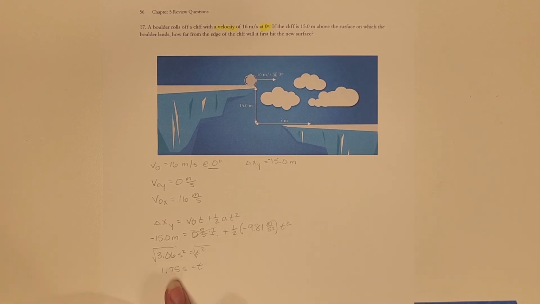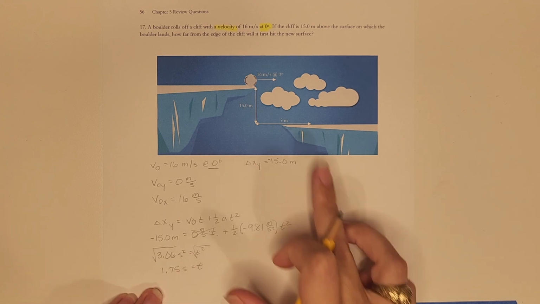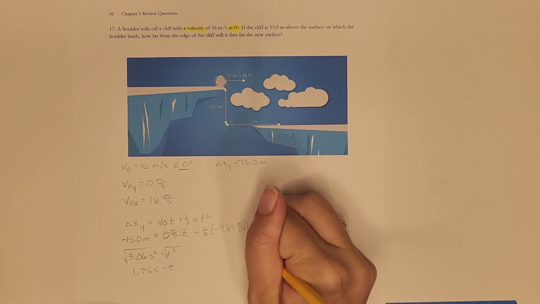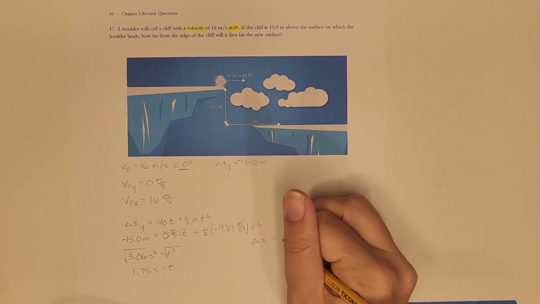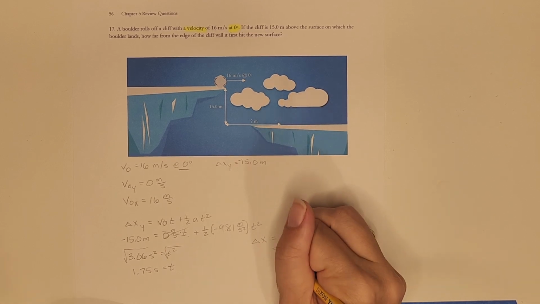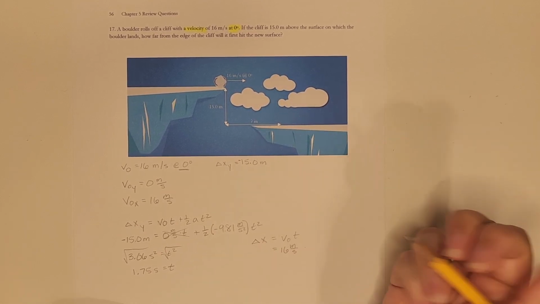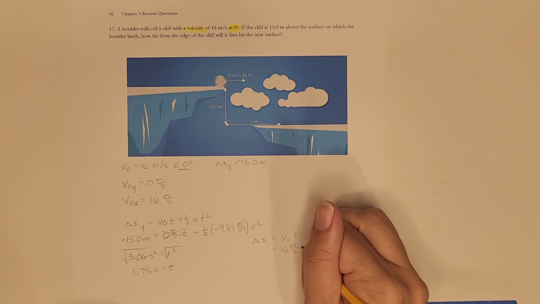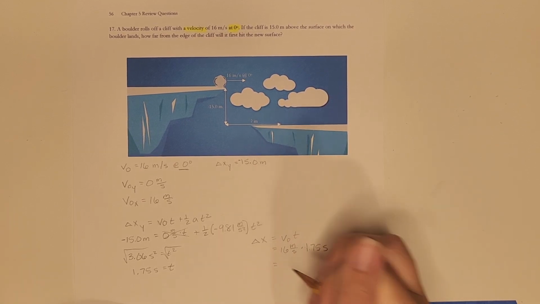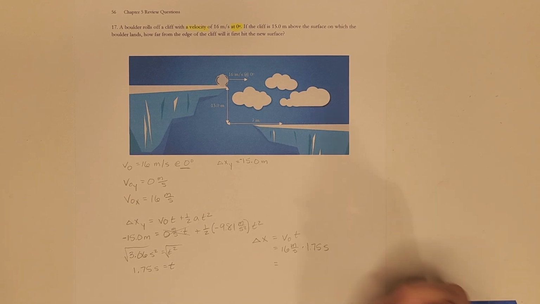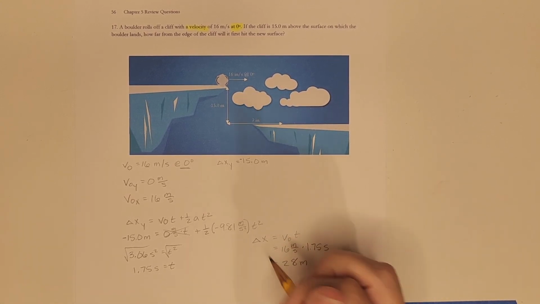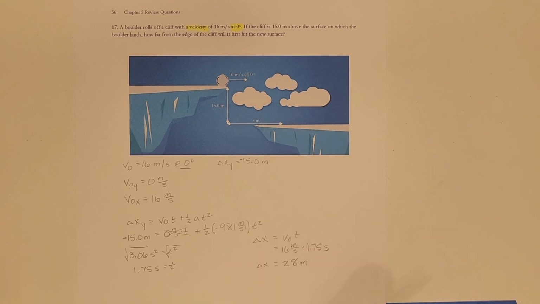So now that we have the time, we can use it to determine what the delta x for the x component is. So our delta x equals velocity times time, and so that equals 16 meters per second times 1.75 seconds, and that ends up as 28 meters when we put that into two significant figures.